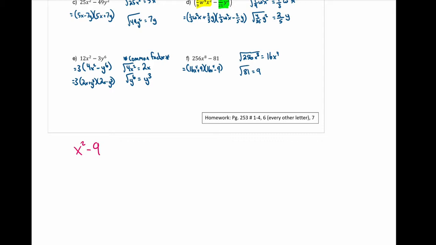If I know that my trinomial is usually in the general form x squared plus bx plus c, in this case, if I wanted to factor this like a trinomial, my product and sum, I'm looking for 2 numbers that multiply to -9 but add to 0. So in this case, my 2 factors would have to be -3 and +3. So if I go back to my bracket, I have x plus 3, x minus 3.